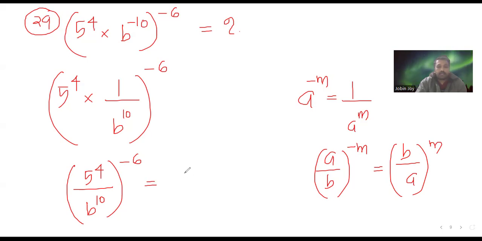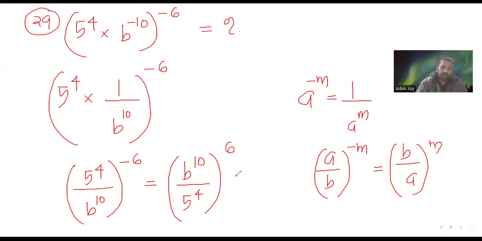So this will be equal to b raised to 10 divided by 5 raised to 4, take the reciprocal and change the sign of the power, 6. So this will be b raised to 10 into 6, 60, divided by 5 raised to 6 into 4, which is 24. So the answer is b raised to 60 divided by 5 raised to 24.